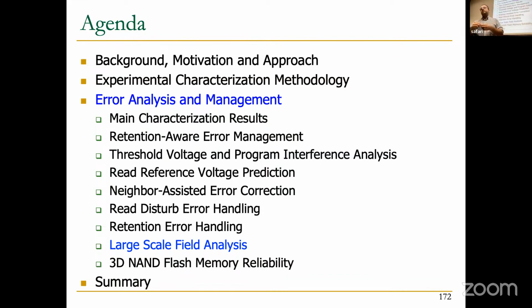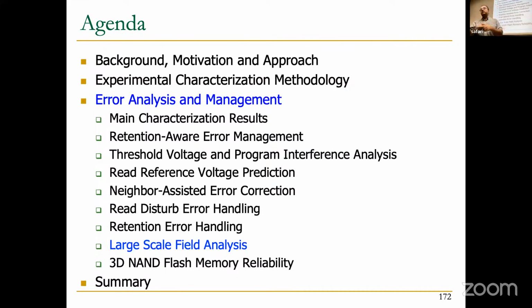For example, you accelerate the retention time by baking in the oven, check the number of errors, and check the threshold voltage of every single cell. From that profiling, you can realize which are the fast leaking and slow leaking cells. The result of this profiling you can store wherever you want. But we do it to recover the SSD files, and once you recover it, your SSD is back again and you can use it.